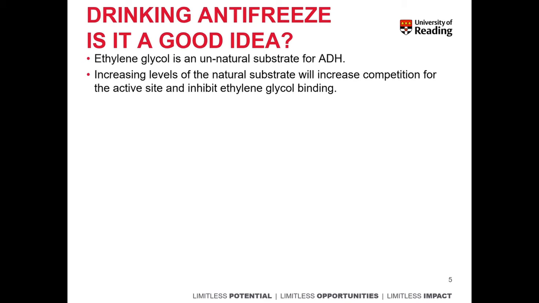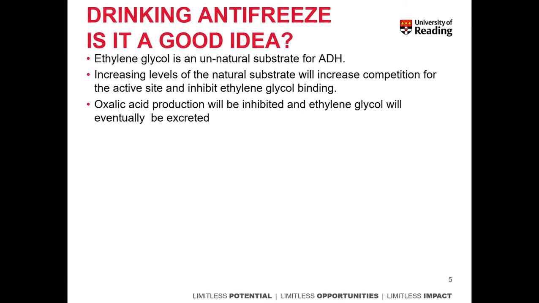So if we increase the amount of natural substrate, the ethylene glycol won't be able to bind, and it will eventually be able to be excreted. Oxalic acid production will then be inhibited, which will allow the ethylene glycol to be excreted. So if we can increase the level of the natural substrate, we have a route to preventing the oxalic acid production.